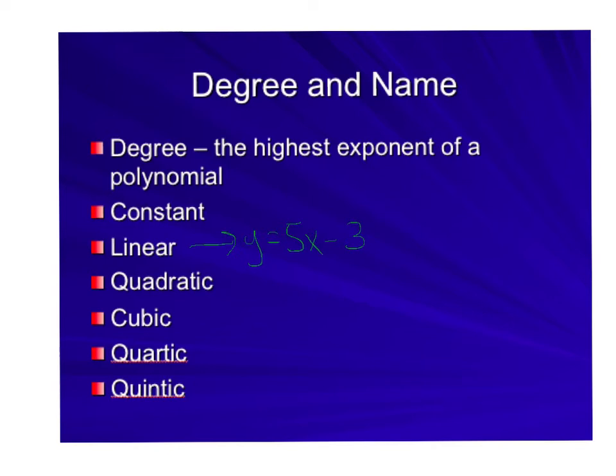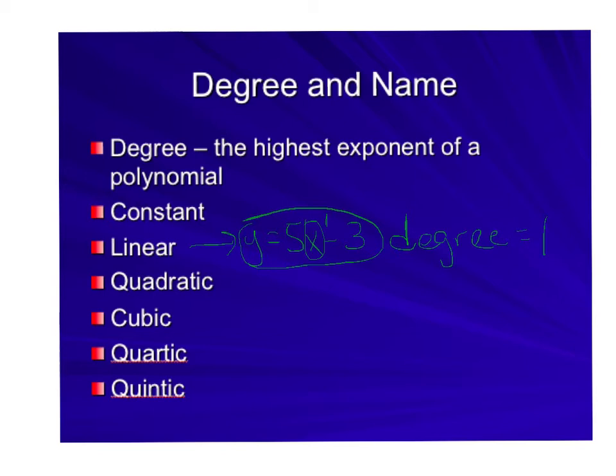But the highest exponent comes from the variable term, which would be x, and in this case, that exponent is a 1. So the degree of this is 1, and that's known as linear. So anytime we have something like this, we call it linear, but we're really naming it by its degree, which is 1.